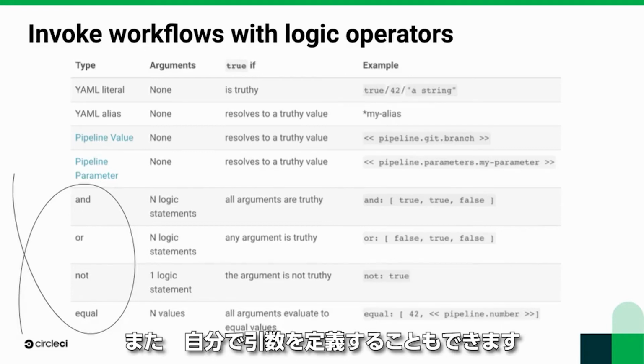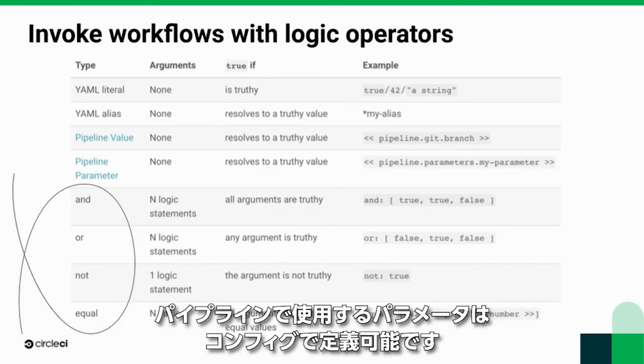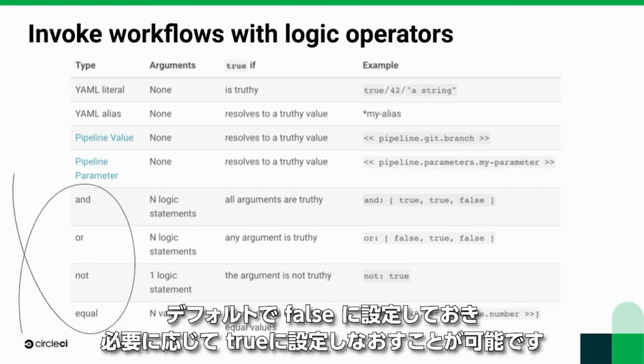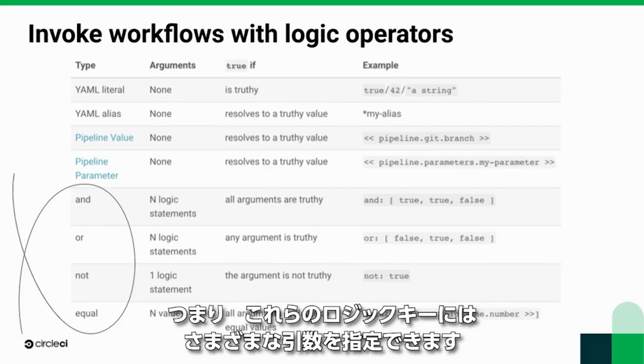Also, you can define your own arguments, these pipeline parameters that we let you define in your config. So maybe you have a parameter that you've defined called myParameter, and it could be set as default to false, but it's possible to set it to true. So you have all of these argument values that can be provided to these logic keys.